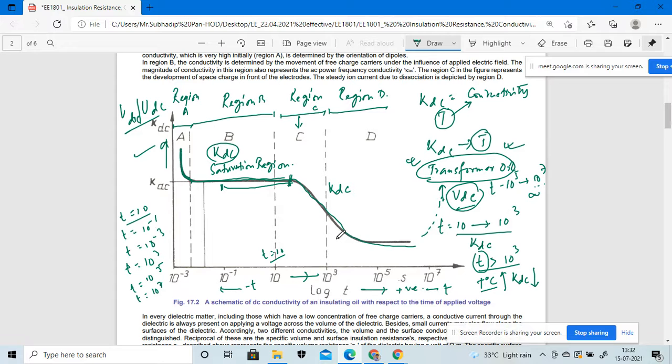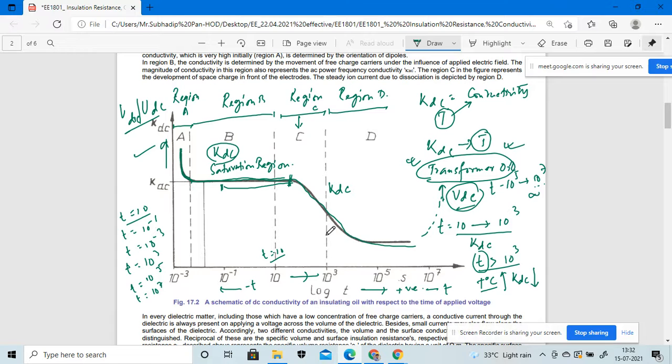Apart from the transformer oil, we can also use any other dielectric medium. We can use liquid dielectrics like some machine oils as dielectrics. The example that we choose is transformer oil.